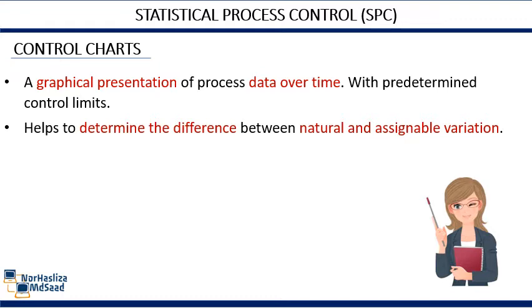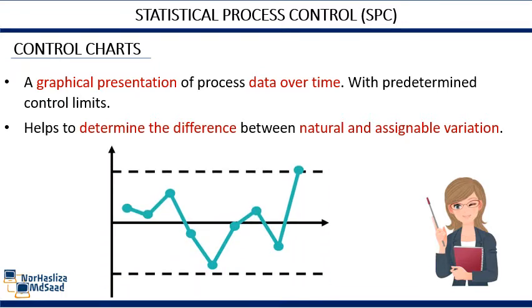In statistical process control, what we are trying to do is to determine whether the variation is natural or due to some sort of cause that we are going to have to correct. For this, we use control charts, which are a graphical presentation of process data over time with predetermined control limits.